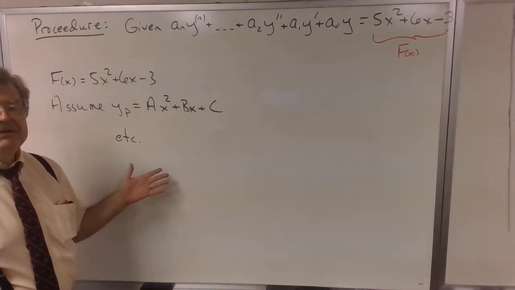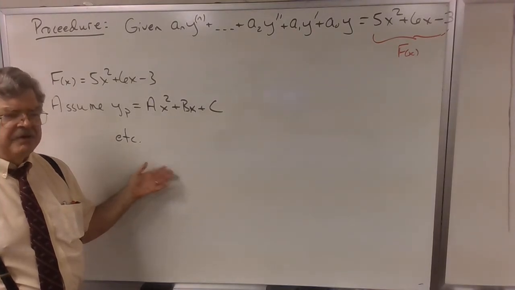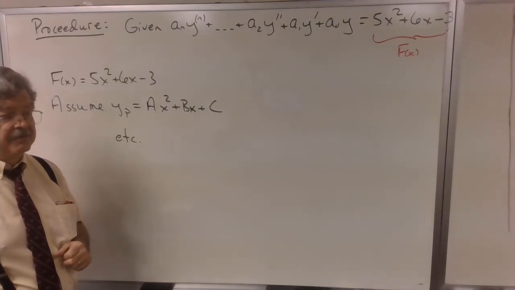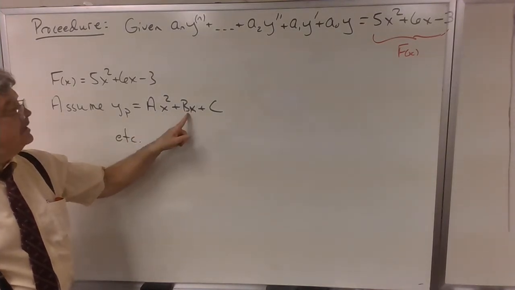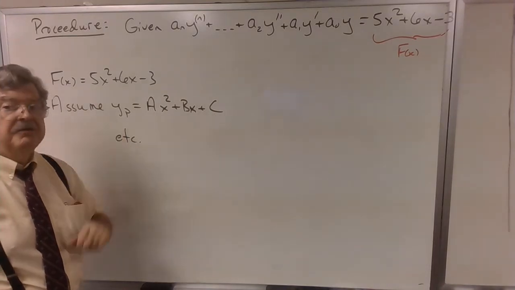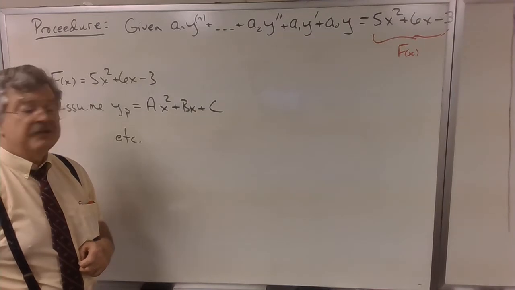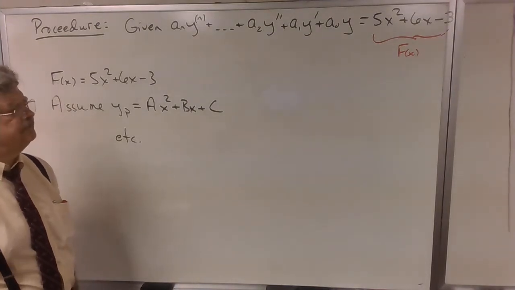But these essentially are the three scenarios that will prompt us to use the method of undetermined coefficients. And see, A, B, and C are those undetermined coefficients that we will solve for and find using some fancy detective work.